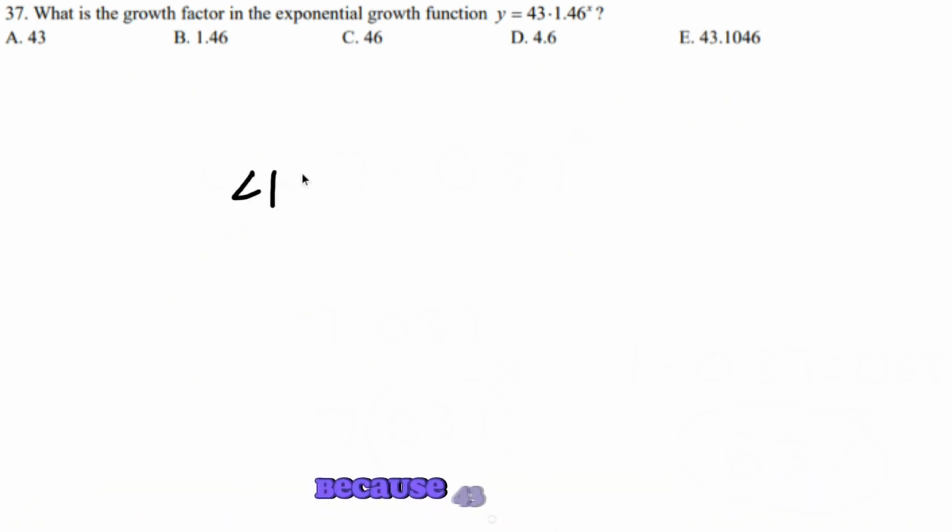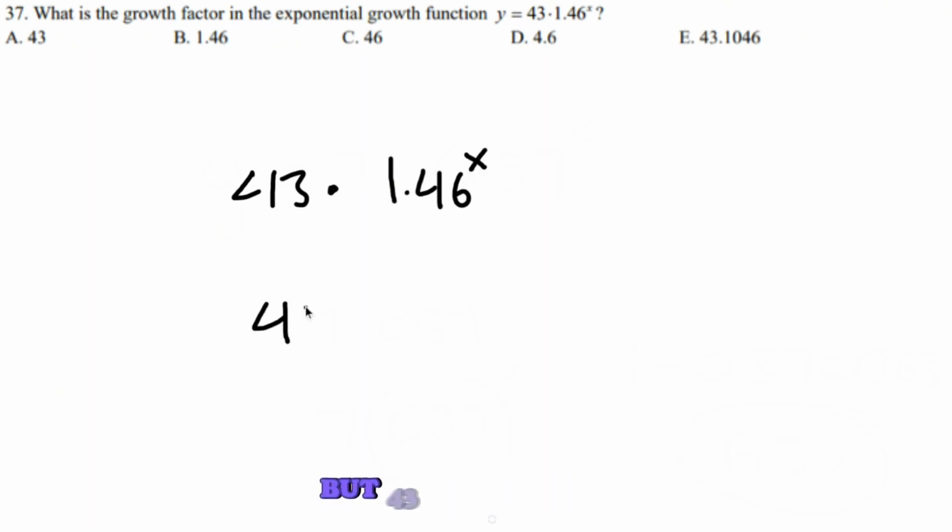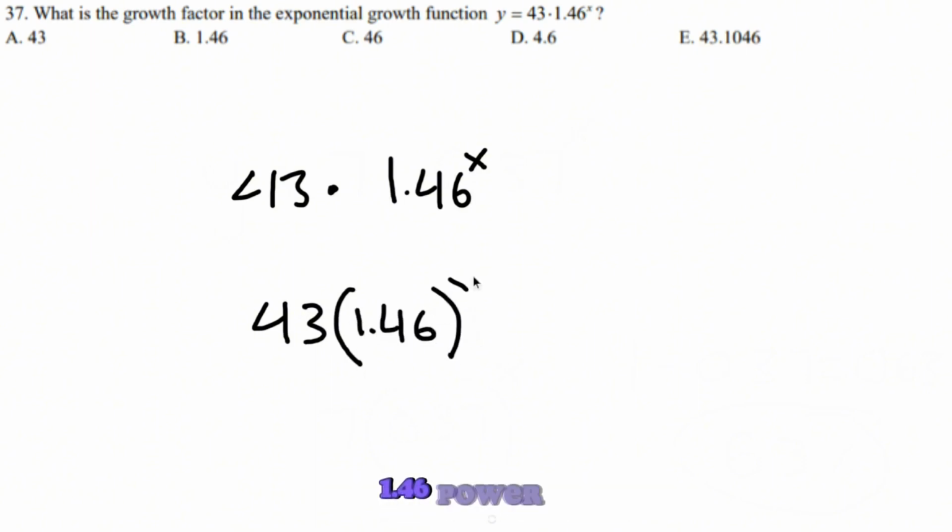Next, what is the growth factor in the exponential growth function y equals 43 times 1.46 to the power of x? Alright, so now we know that there's no parentheses in this equation. However, we can create our own parentheses because 43 times 1.46 to the power of x is nothing but 43 parentheses 1.46 power x.